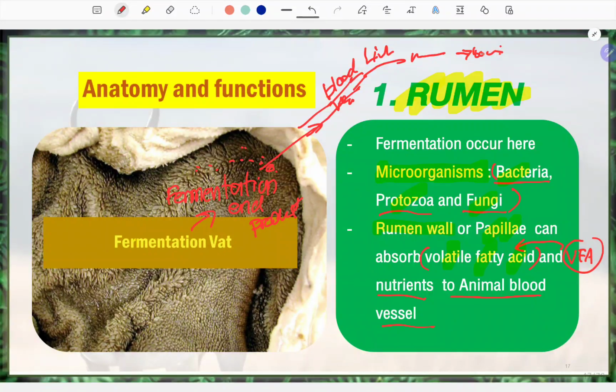Okay, and then it can be excreted by the kidney into urine. So this is the pathway of the fermentation product fermented by rumen microbes.